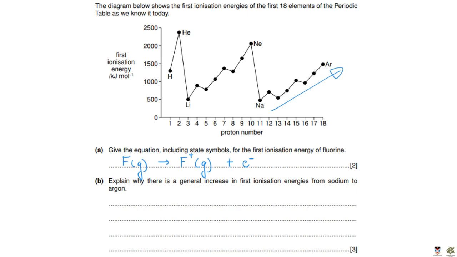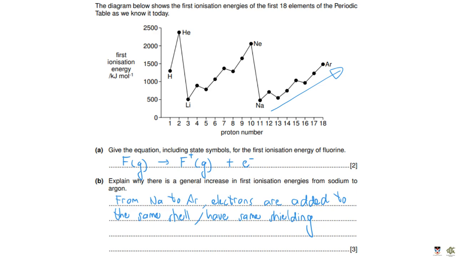As we go from sodium to argon, the electrons are added to the same shell, so there will be the same amount of shielding experienced. But there's going to be an increase in the number of protons, and therefore an increase in the nuclear charge. So there would be a stronger attraction between the outermost electrons and the nucleus.